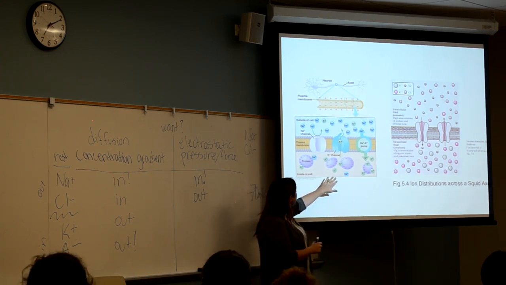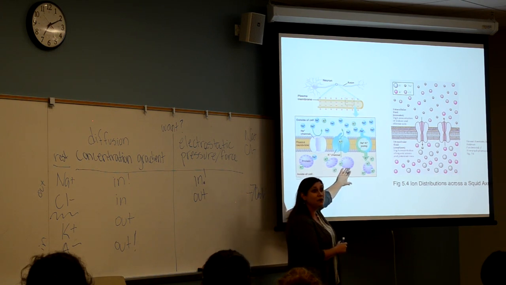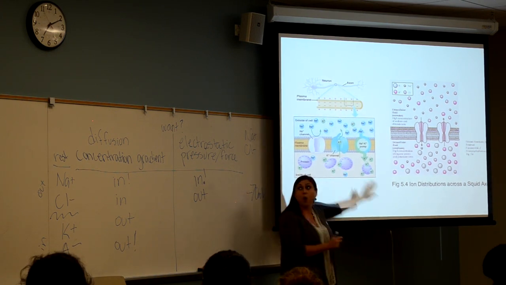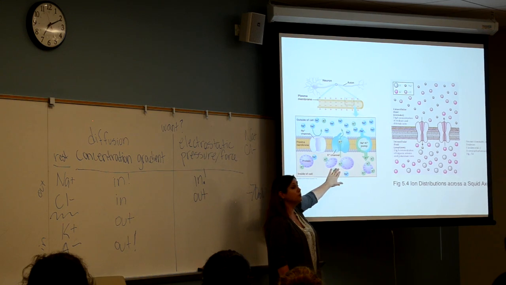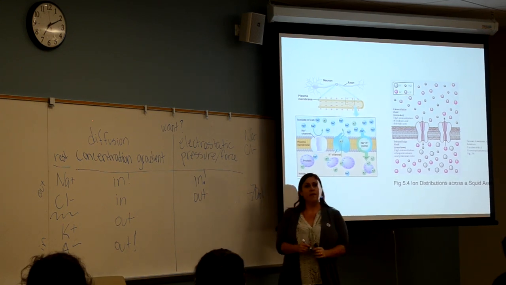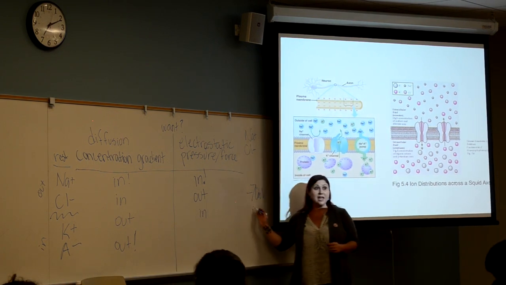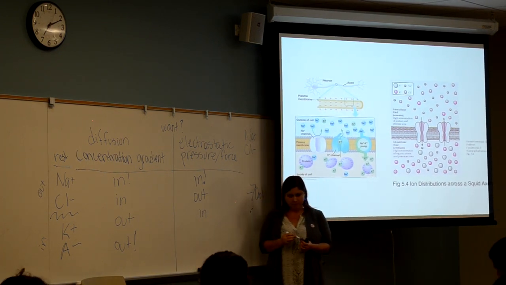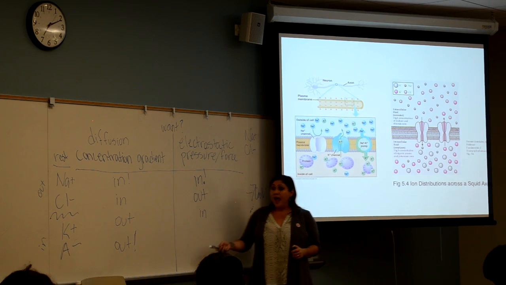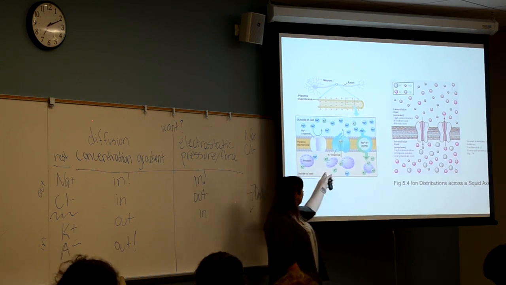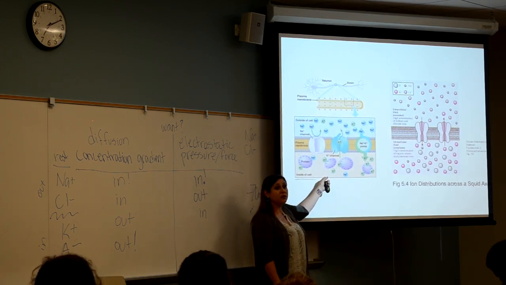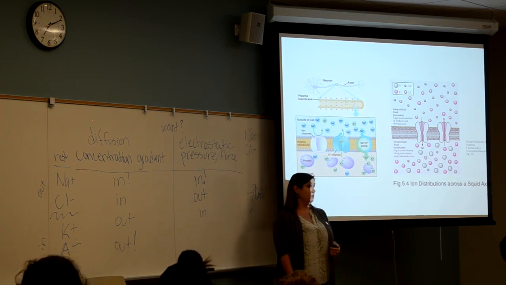Okay, mostly here on the inside, but it's very negative here on the inside. So what does electrostatic pressure want it to do? Stay in. Because the potassium's positive and the inside is negative, so it should stay in. How about anion A? It's negative in here, anion A is very negative, so where should it go? Out.